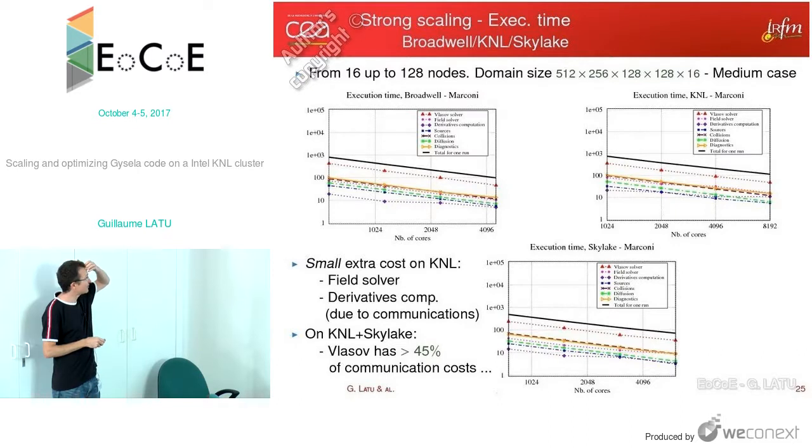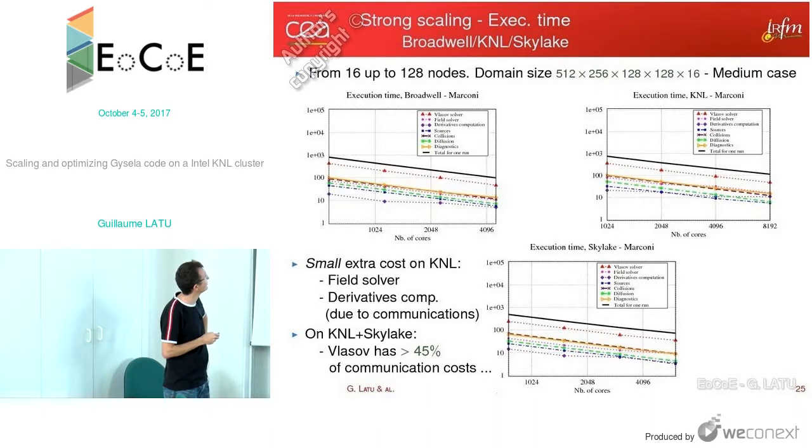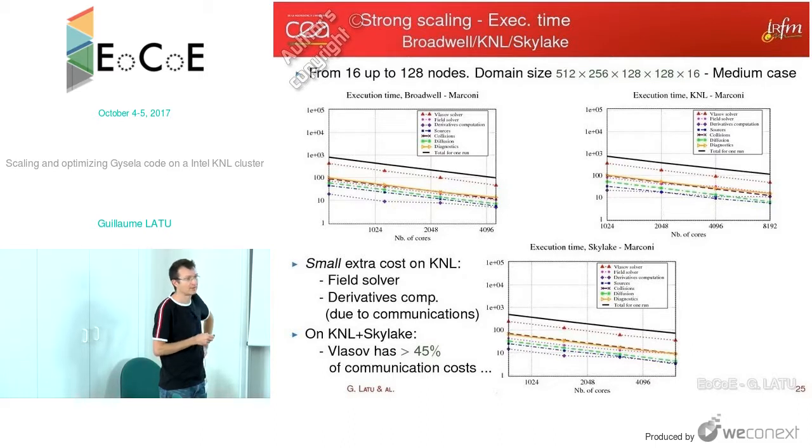We just have a bit of overhead on KNL, on field solver, on derivative computation due to communication, and we don't know just now how to improve this. You cannot see, but I will just show you this line here for the derivative computation. It is here for the KNL, so we know that it is not at the good place.